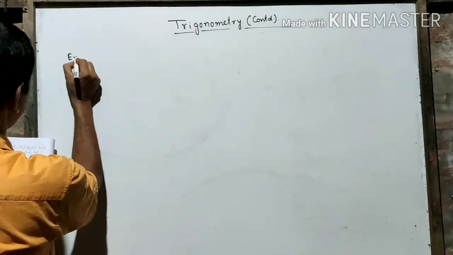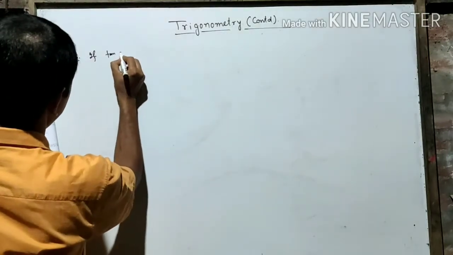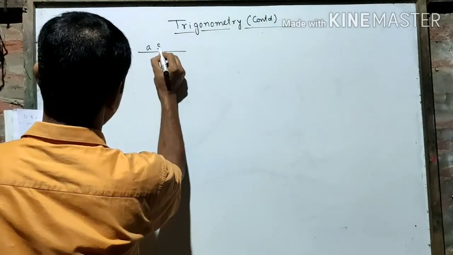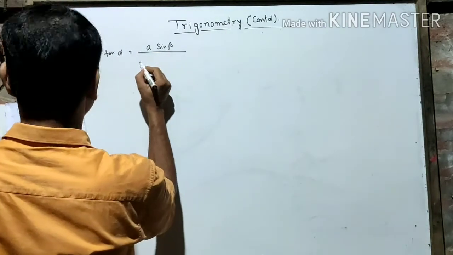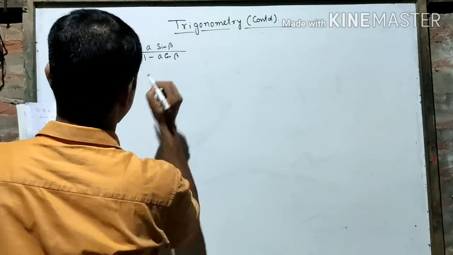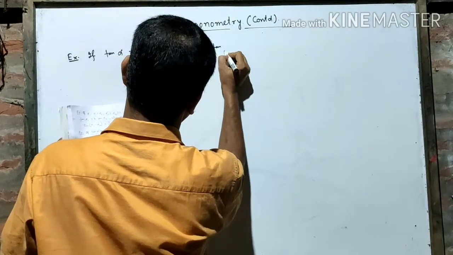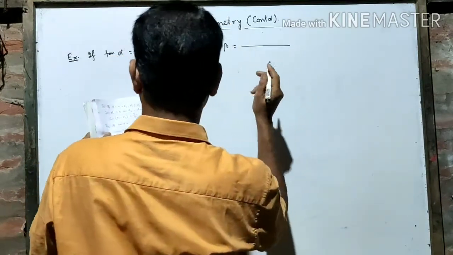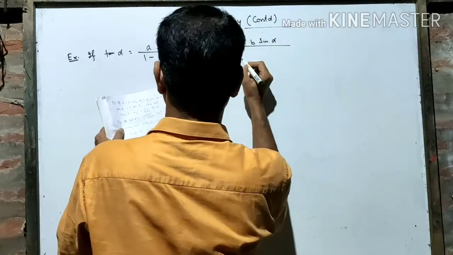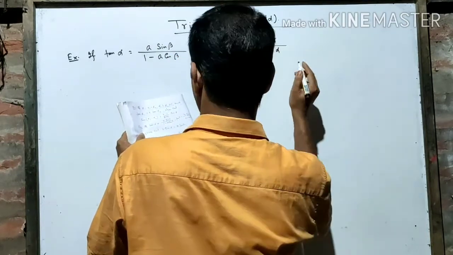Next question. If tan alpha is equal to a sin beta divided by 1 minus a cos beta, and tan beta is equal to b sin alpha divided by 1 minus b cos alpha.